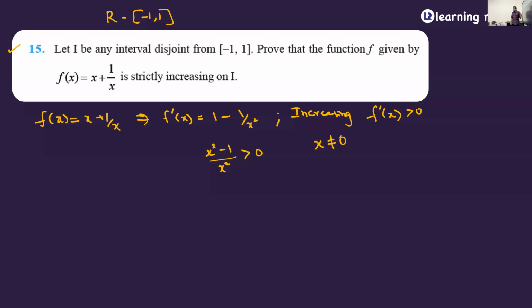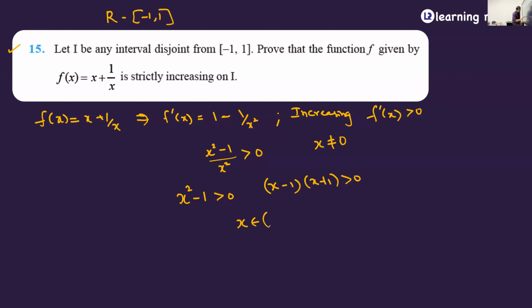So when x is not 0, I can multiply with x square on both sides, meaning the x square can go to the other side. Hence, you will have x square minus 1 alone greater than 0. Then what will you have? You will have x minus 1 into x plus 1 is greater than 0. So x minus alpha into x minus beta is greater than 0.